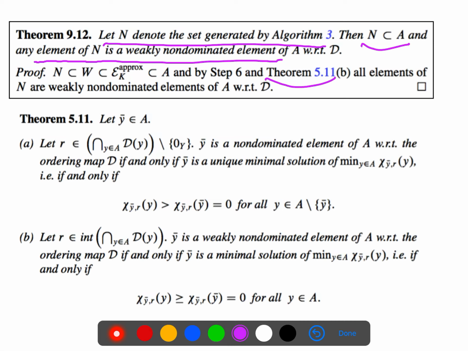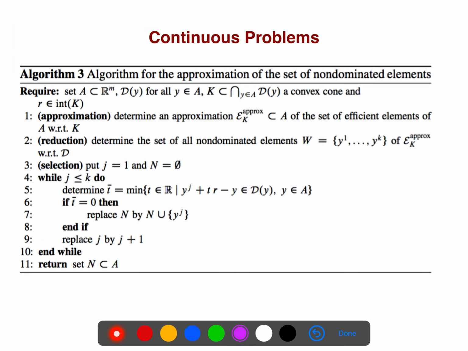So we use theorem 5.11, this one, to prove this. And this is all about what we talked about, that we need to minimize the functional and evaluate it. If we evaluate it at a non-dominated point y bar, and it is 0, then y bar is a non-dominated point.